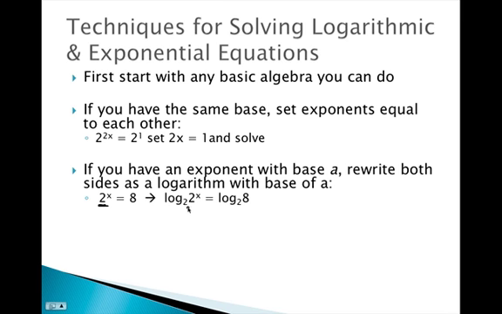The reason for doing this is that we know from our properties that the log base 2 of 2 will cancel and you're just left with the x. That's one of the properties that we learned earlier on in this chapter. So now you have x equals log base 2 of 8. And then you would go ahead and solve it from there.